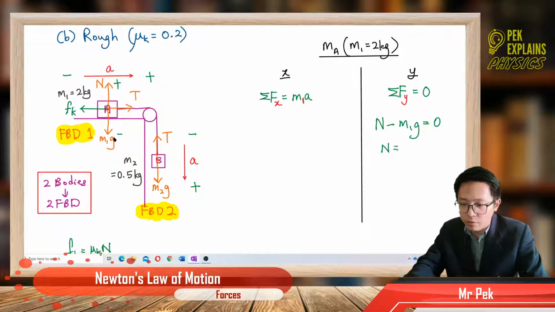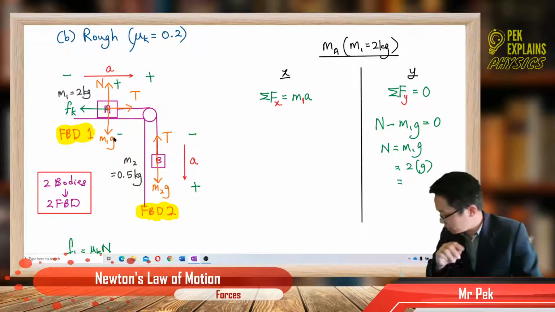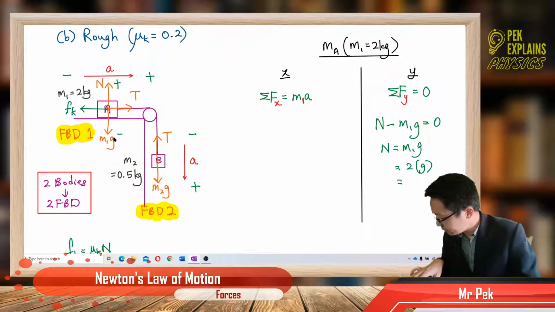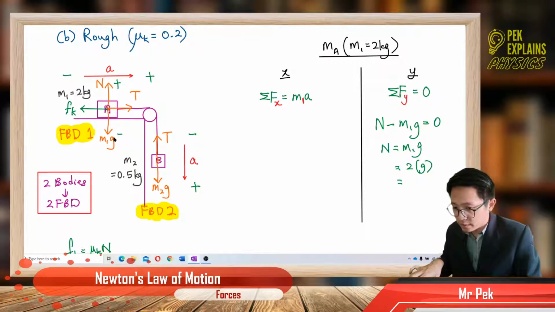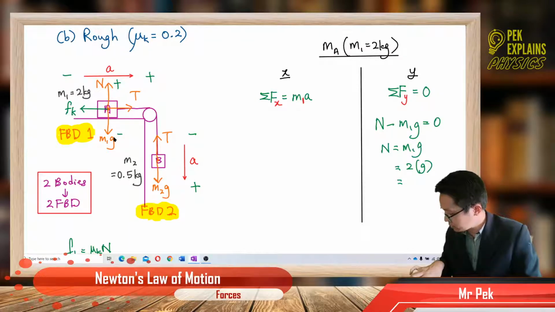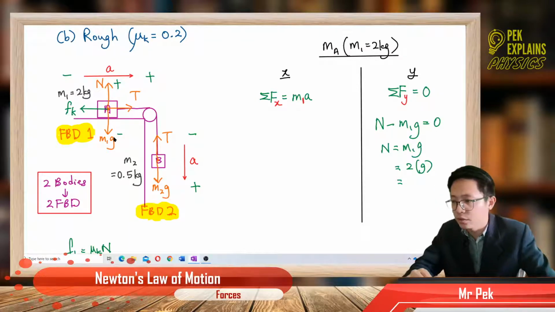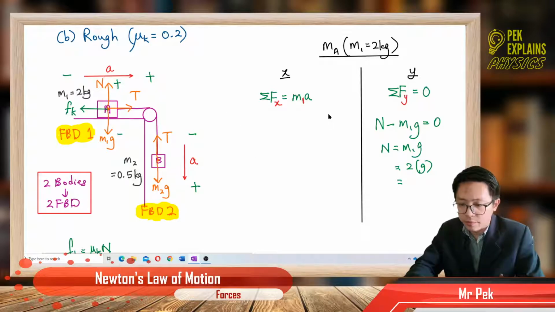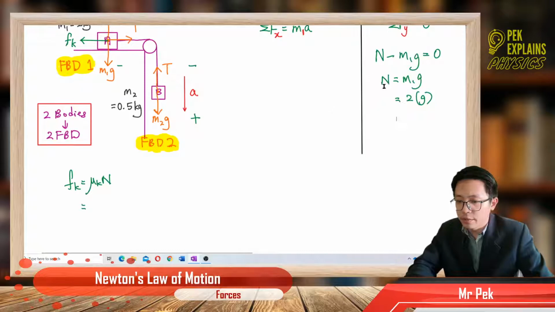So we got the normal force. It is m1g. So what is m1? m1 is 2, times g, 9.81. We just put it as 2g first. So now we got the normal force.